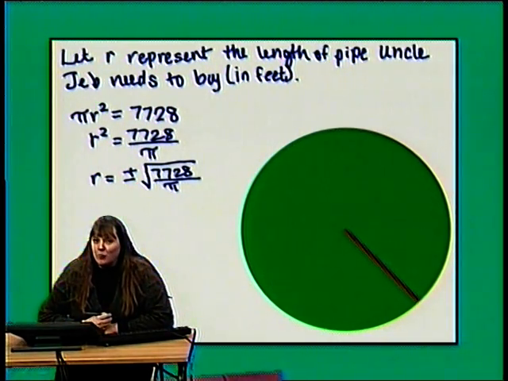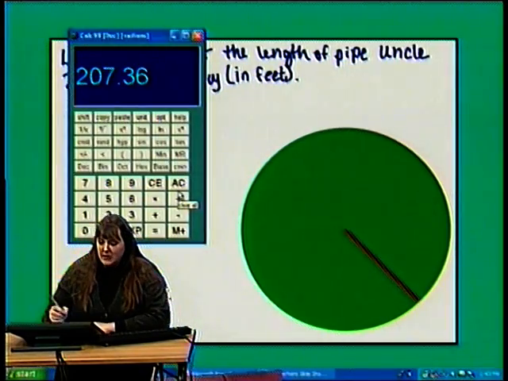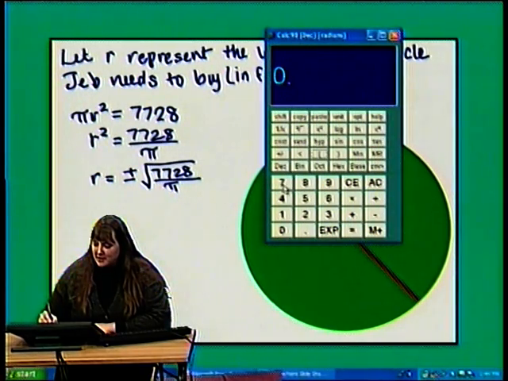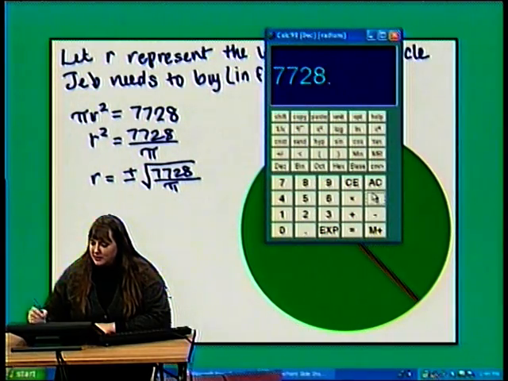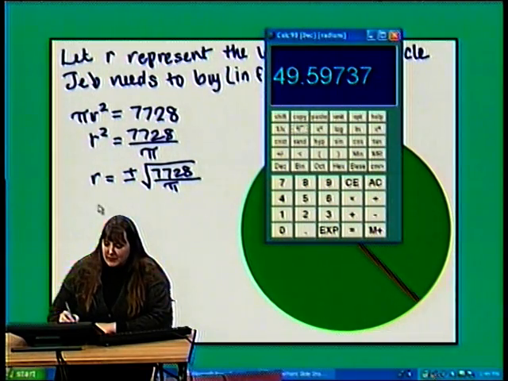Since this is really a real-life application, I'm going to go ahead and get a decimal approximation of this value for r. So I'm going to pull out my calculator and compute. I'm going to put this radicand in parentheses to be safe here. 7,728 divided by pi, close parentheses, and I'm taking the square root. I get approximately 49.6.